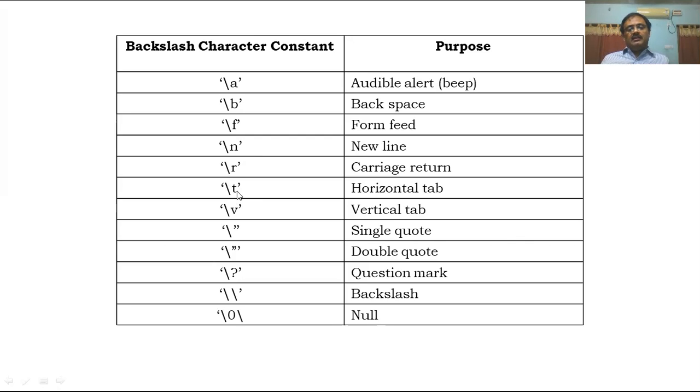A tab is equivalent to 8 single spaces. So whenever you use backslash t while printing your result, the control jumps 8 spaces, and from that place onwards the remaining result will be printed. Backslash v, the vertical tab, skips 8 lines vertically, and then the remaining text will be printed as indicated in the printf statement.